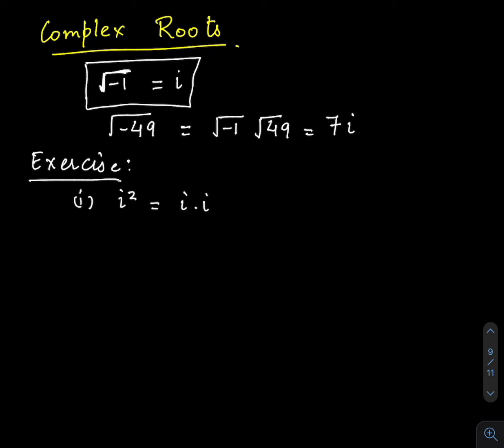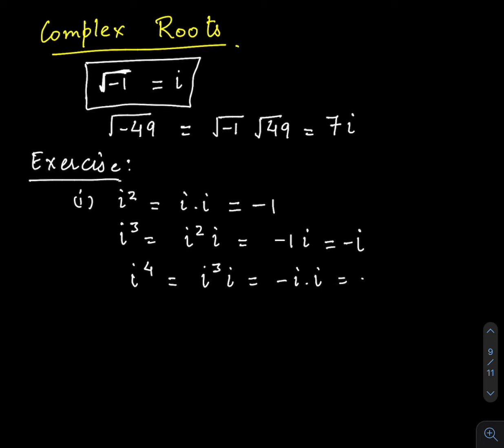It's going to be i times i, square root of -1 times square root of -1, so -1. i cubed is i squared times i. i squared is -1, times i is -i. i to the power 4 is i cubed times i, so -i times i.